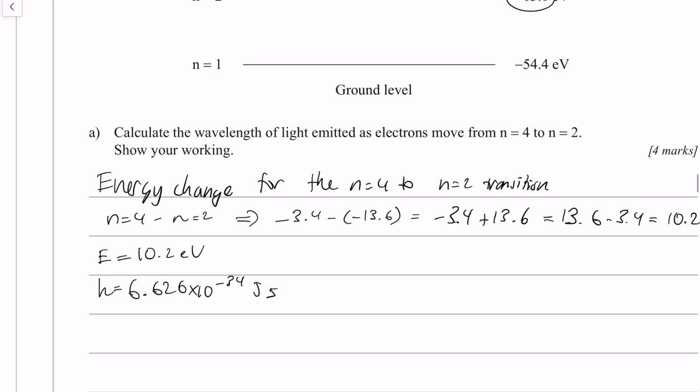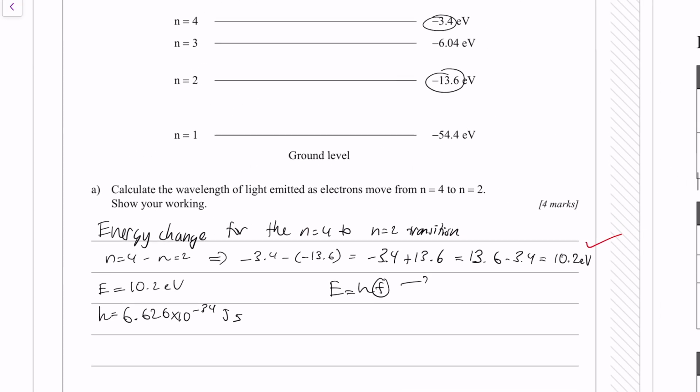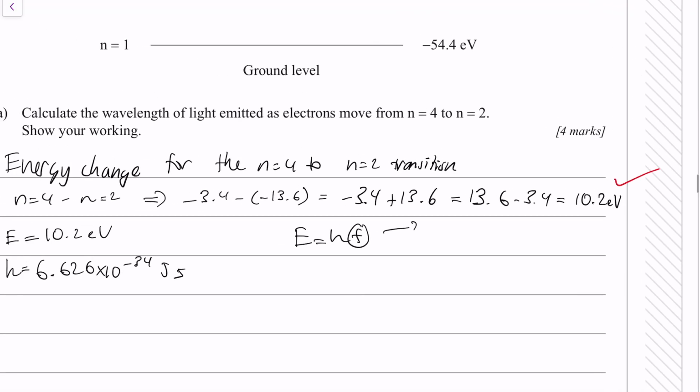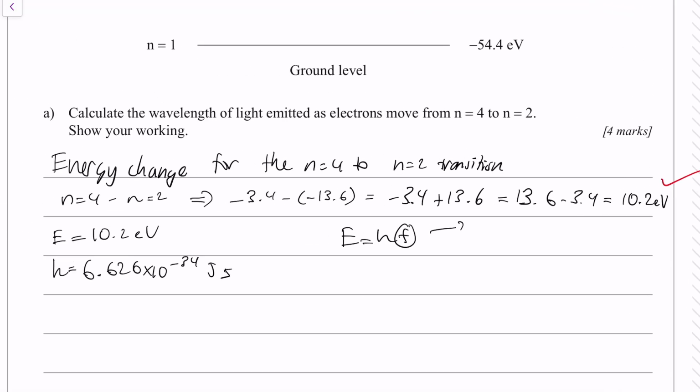So you can easily recognize here that we need to be in joules. We can't be working in eV, because in our formula, E equals hf, where frequency, the unit for that is hertz, which is per second.